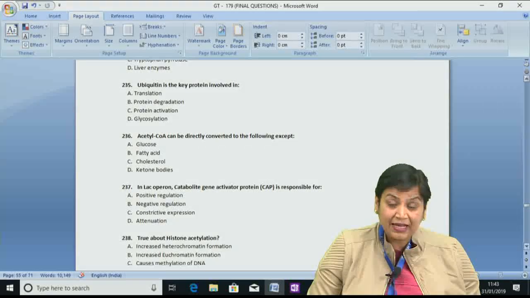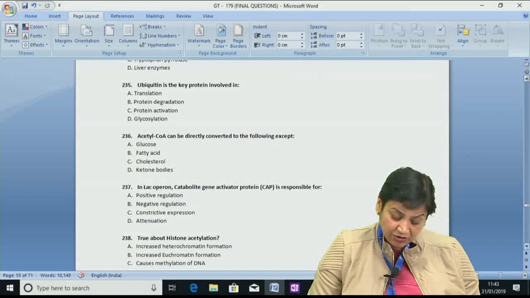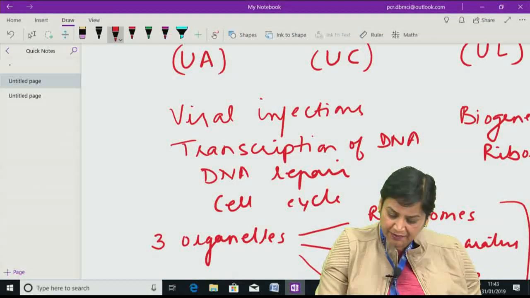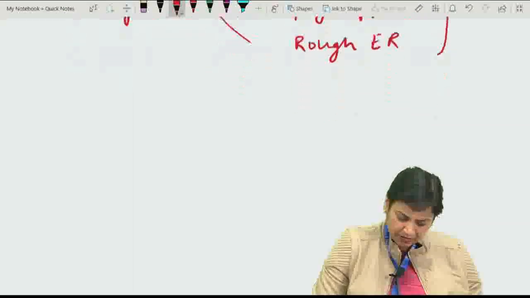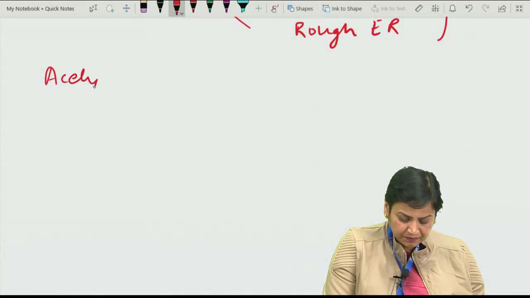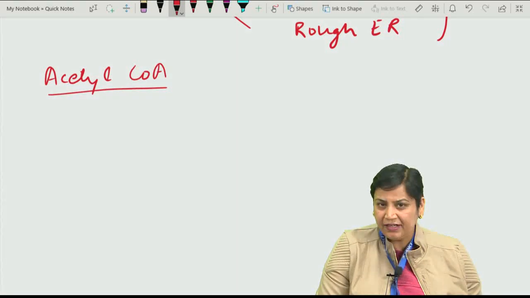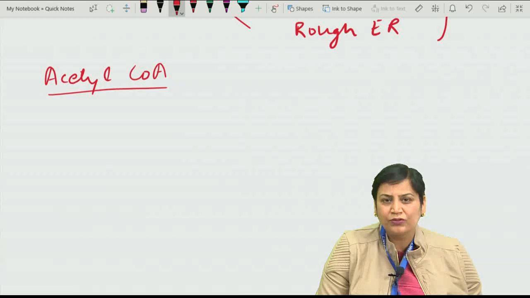Acetyl coenzyme A can be directly converted to the following except. Now see, this acetyl coenzyme A is the most important intermediate of, in fact, all the metabolism.